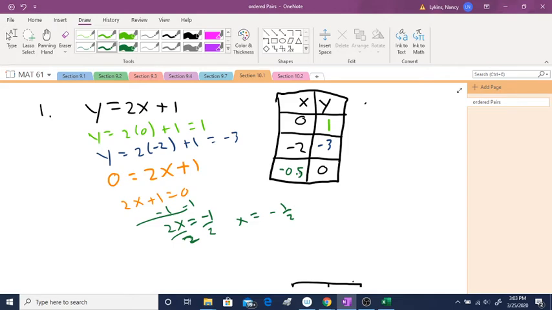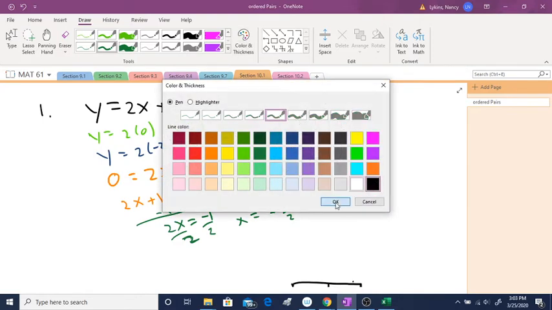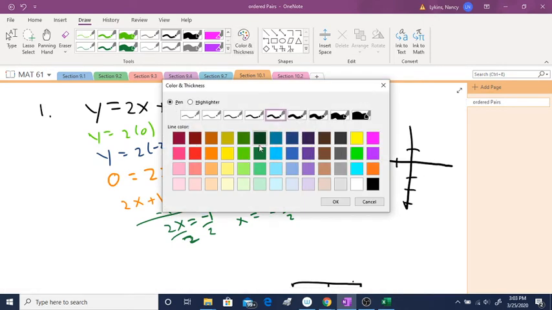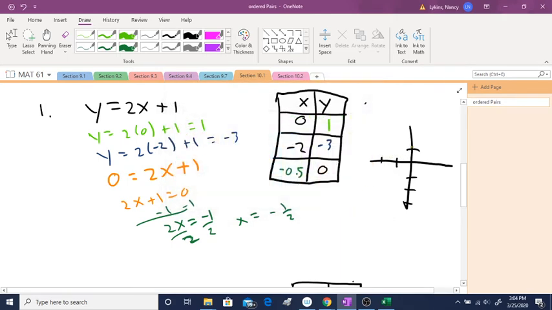So if we want to graph this, I'm going to graph one for you all. If you want to graph this, all we're doing is putting in our points. (0, 1) is right here. (-2, -3), and (-1/2, 0).